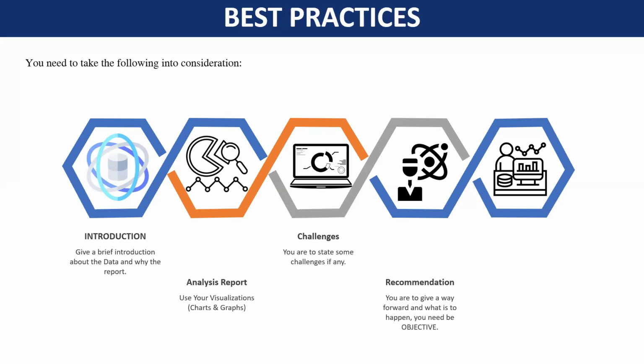If you said there is a challenge of maybe low turnout, or maybe error in the data, then what is the recommendation for that? You are advising that measures should be taken to avoid such things. So that's how it works.